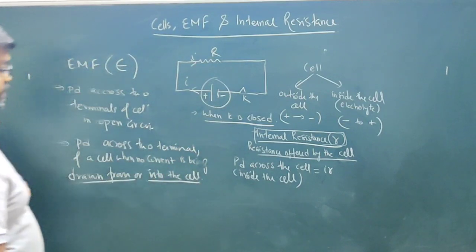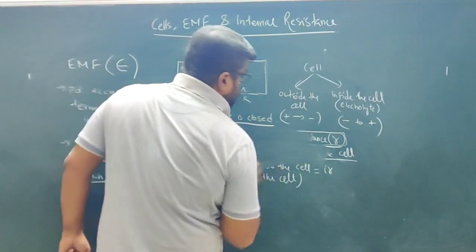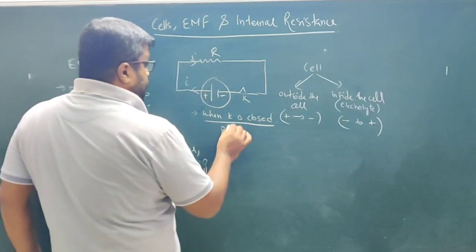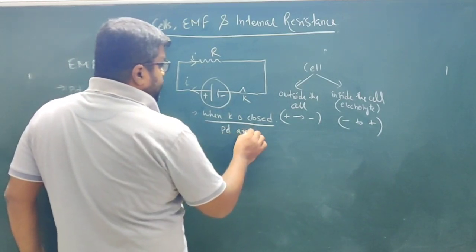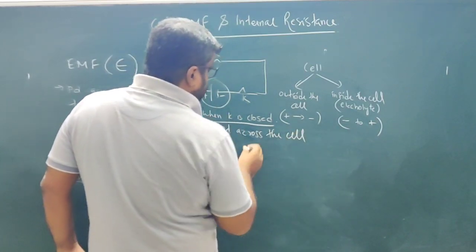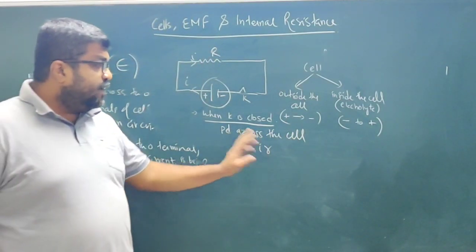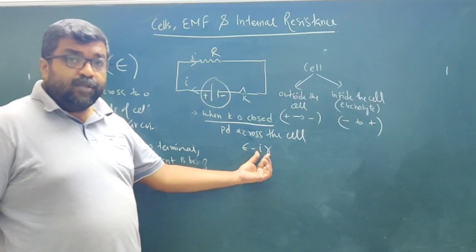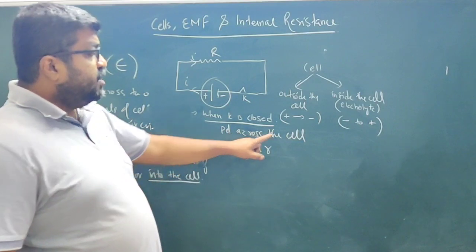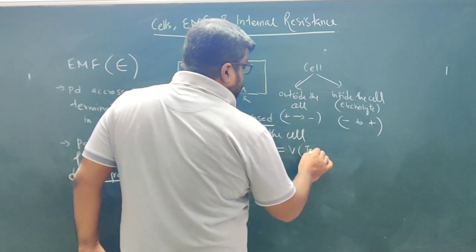So now when the key is closed, what will be the potential difference across the cell? Now it will be E minus I into r. Earlier it was E, now it is E minus Ir. I hope this point is clear. This potential difference across the cell when the key is closed is represented by the symbol V. It is called terminal potential difference.